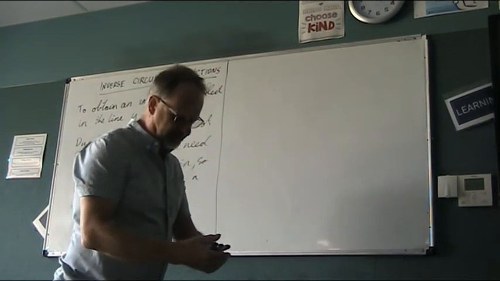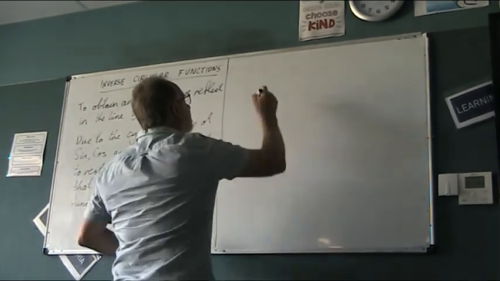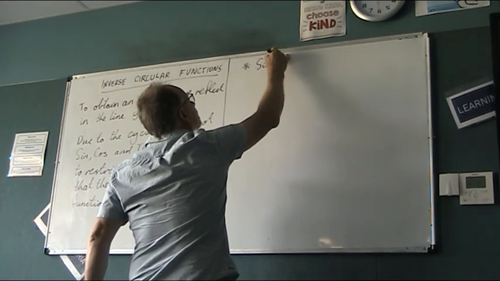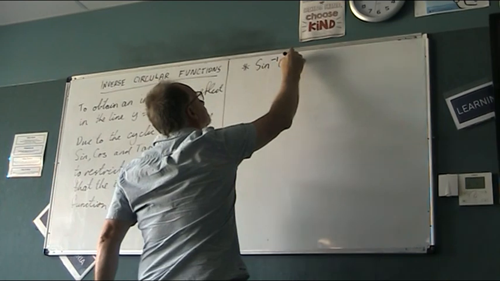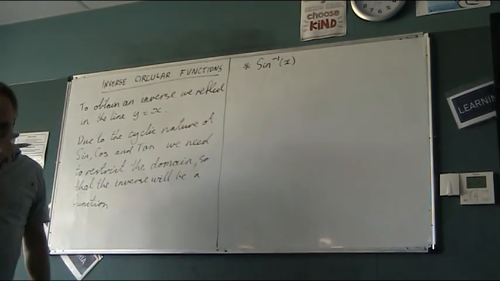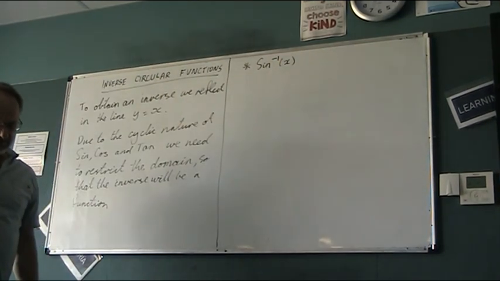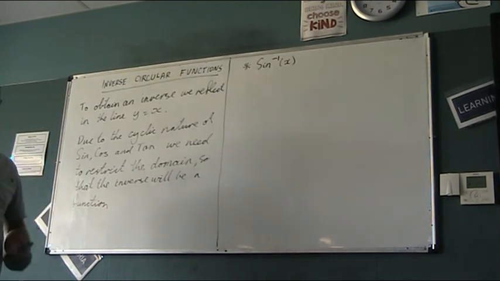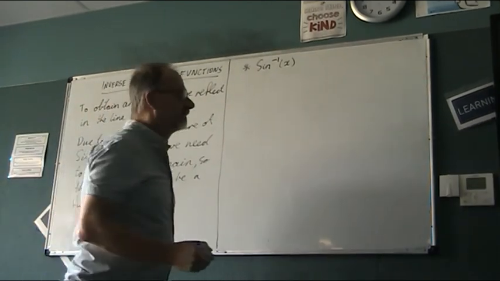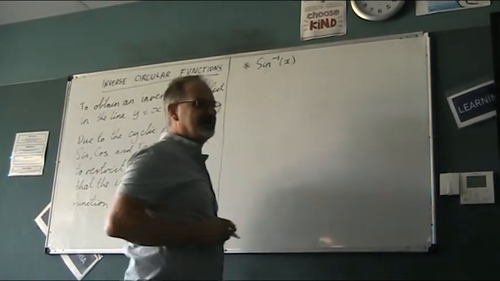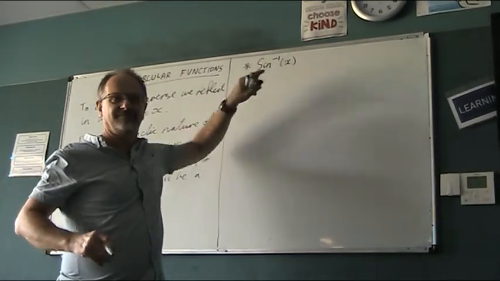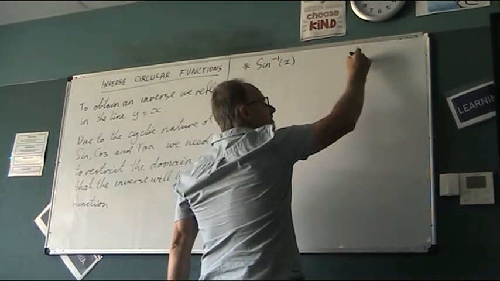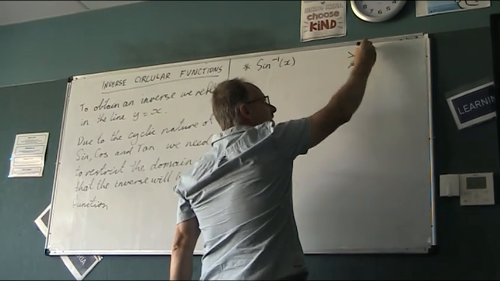Sine minus 1 is the first one. When you see it like that, sine minus 1, that's the inverse function. Alright, which is, in this case, not 1 over. It's not that.